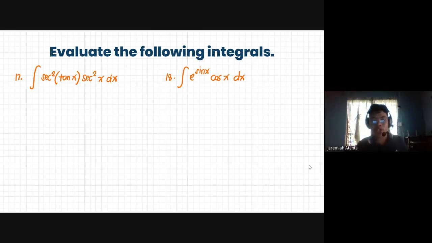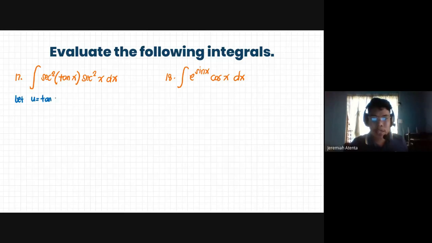You will let u be equal to tangent x. And for 18, you will let u be equal to sine x. So number 17, you will let u be equal to tangent x, and for 18, you will let u be equal to sine x.